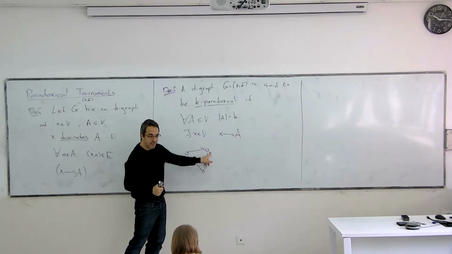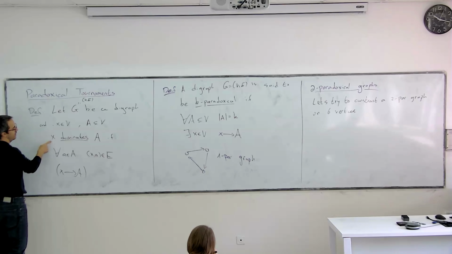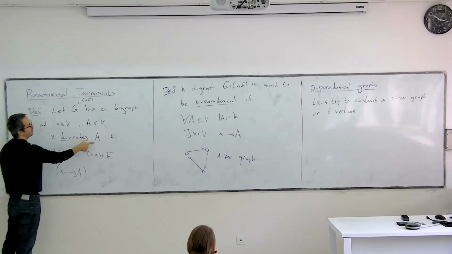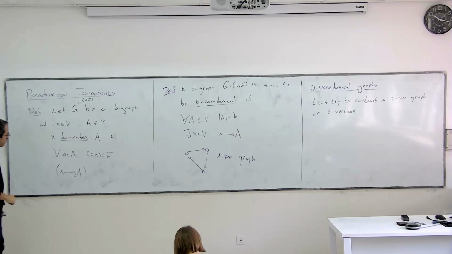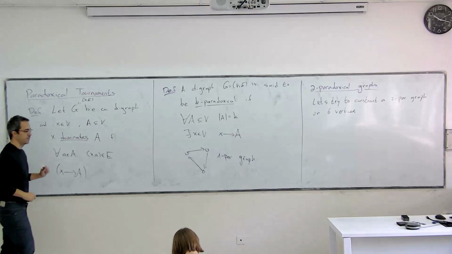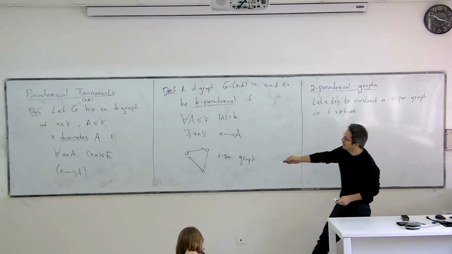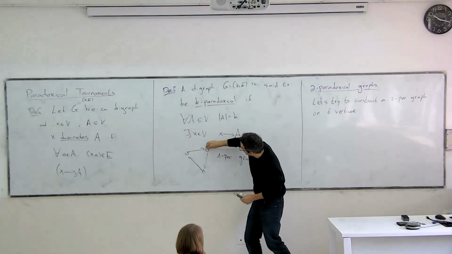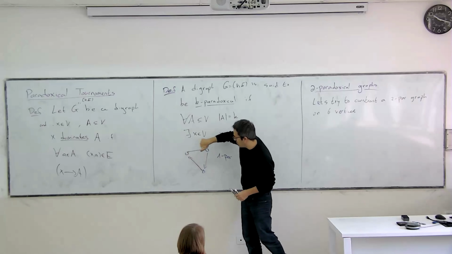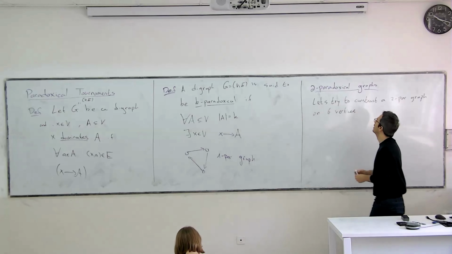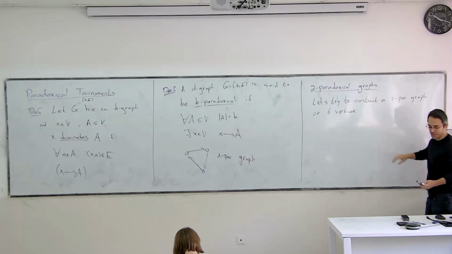It means that you have an edge. A vertex X dominates a set if there is a directed edge from X to every vertex in it. For example, here, for every singleton, there is some vertex that has an edge to it. And actually, this example will illustrate it a bit more.